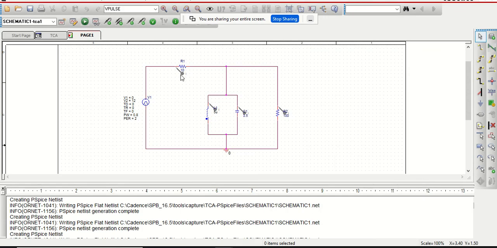Last, we need to find the power at one of the branches using the fast Fourier transform. So I choose R1 to check the power.